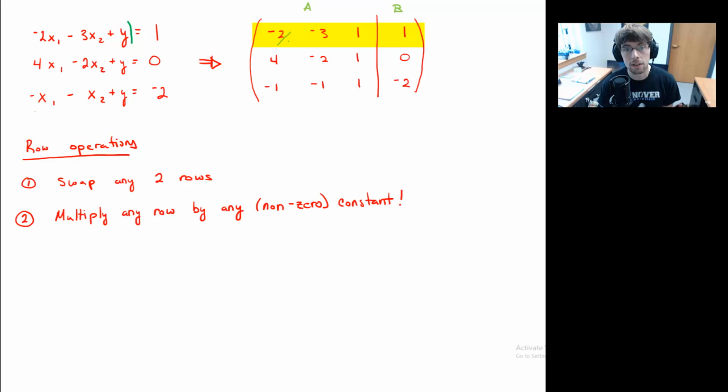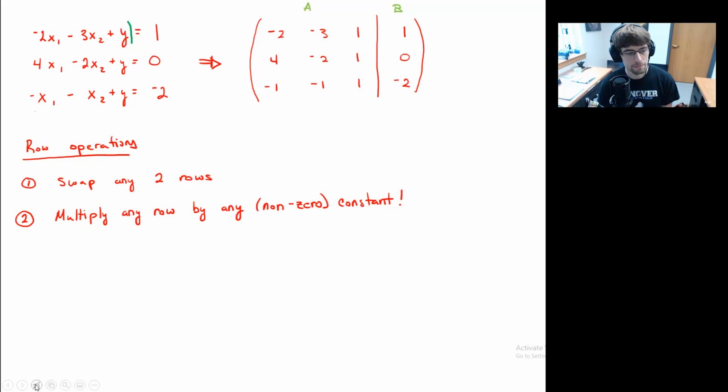So I go through and I multiply by -1/2. Now this first element just becomes +1. And then, of course, the rest of the elements in that row change accordingly. So that's the second row operation.